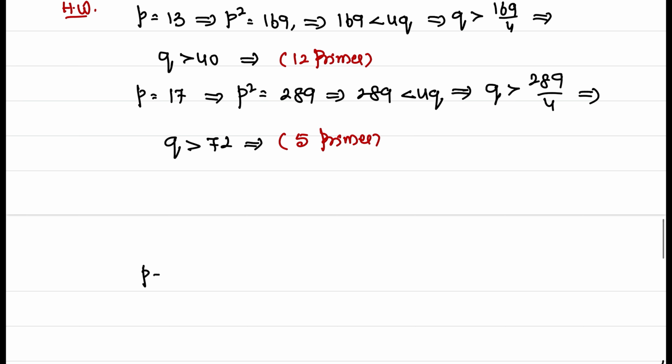Then P is equal to 19. That implies P square is equal to 19 into 19, which will be how much? Just check, 19 square. 19 into 19 is 361.